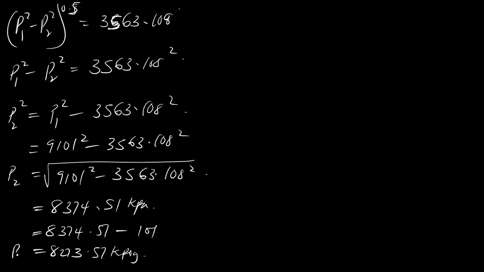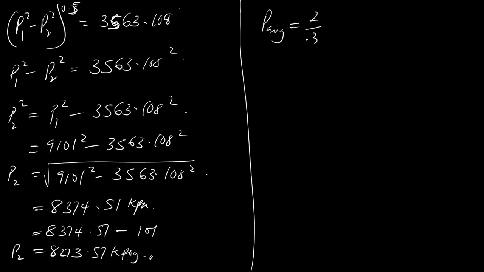So now we have gotten this. Since we have gotten our outlet pressure, which is actually this is not the actual. Now let's now recalculate our average pressure. The average pressure, which is 2/3 of P1 plus P2 minus P1 times P2 divided by P1 plus P2.